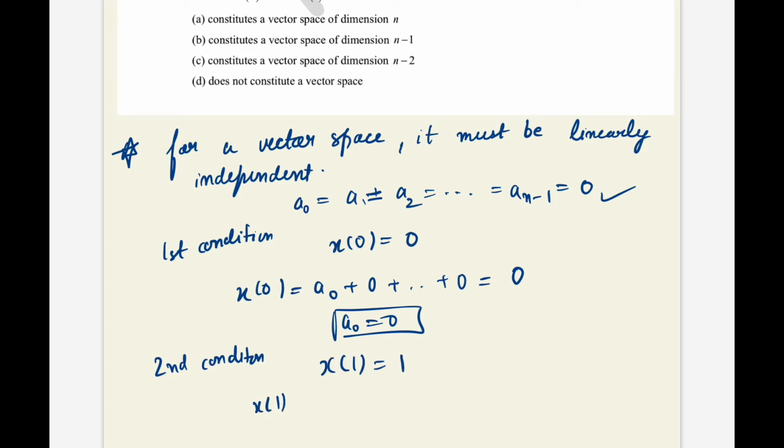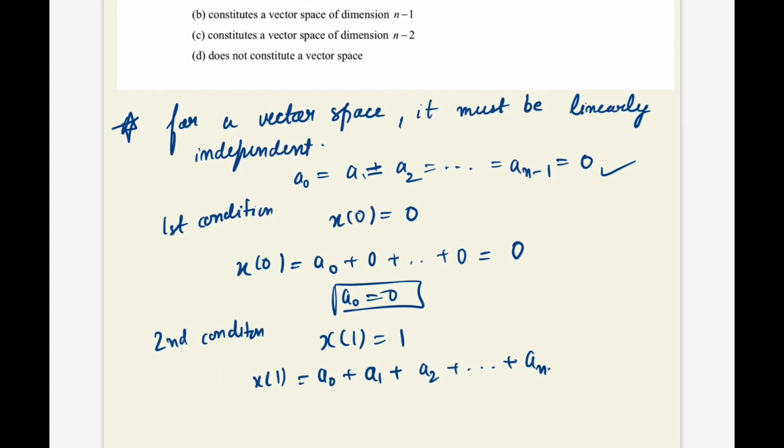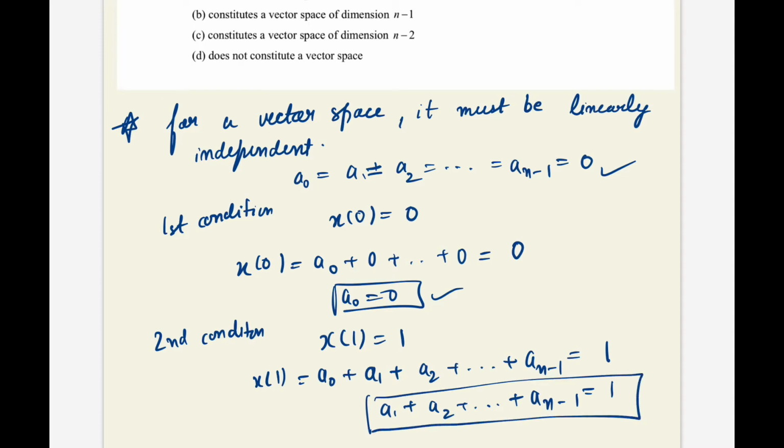So x of 1 will be a0 plus a1 plus a2 plus so on an minus 1 equals 1. a0 is 0 from the first condition, so a1 plus a2 plus so on plus an minus 1 must be equal to 1. This condition doesn't satisfy our required condition.